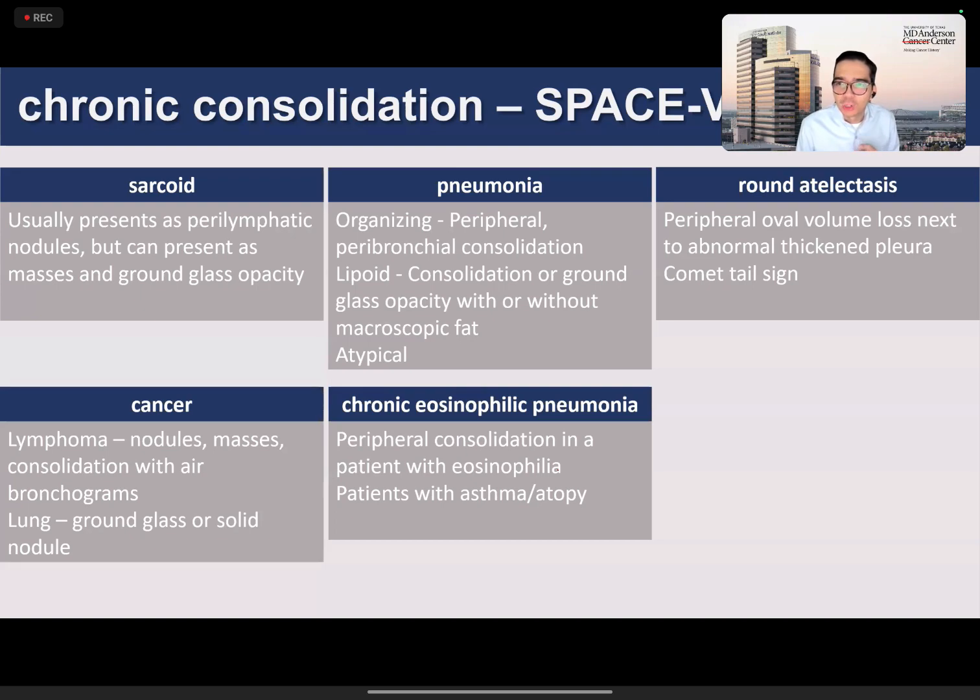P is for pneumonia, so that means organizing pneumonia, lipoid pneumonia, and atypical pneumonias, like mycobacterium or fungal. A is round atelectasis. C is cancer: pulmonary lymphoma and mucinous adenocarcinoma. E is eosinophilic pneumonia, so chronic eosinophilic pneumonia. And then V, I didn't talk about because it's a whole separate lecture unto itself, but V is vasculitis.